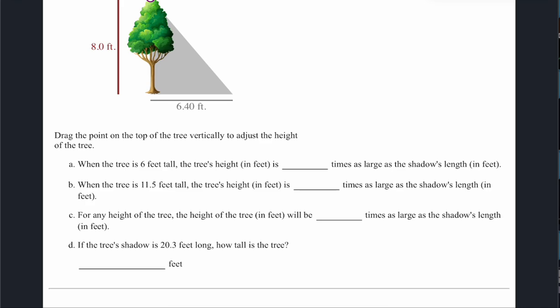If we drag till this tree is 6 feet tall, my picture currently shows that 8 feet on the tree is 6.4 on the shadow. So a 6-foot tall tree would give me that size shadow. For me, again, my ratio might be a little different than yours. We would get that it was 4.8 feet.